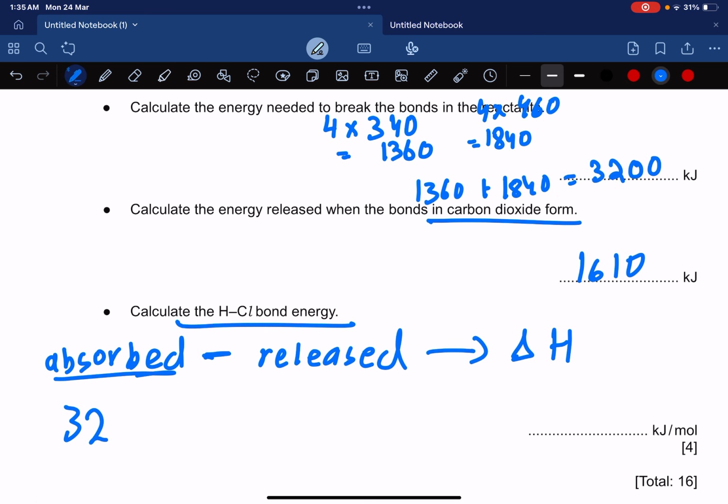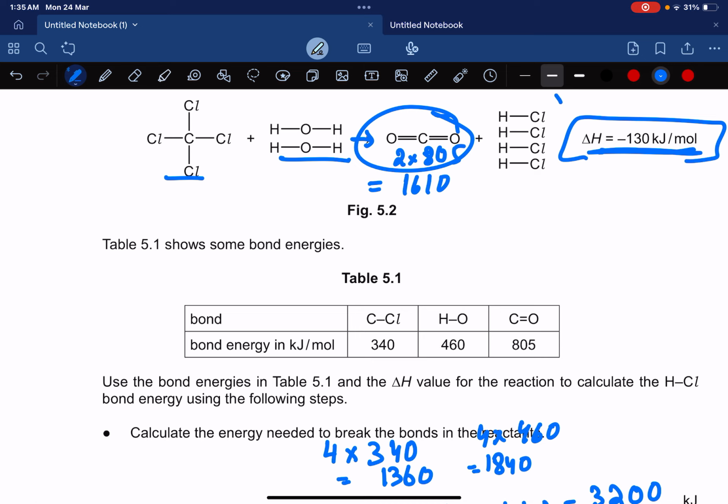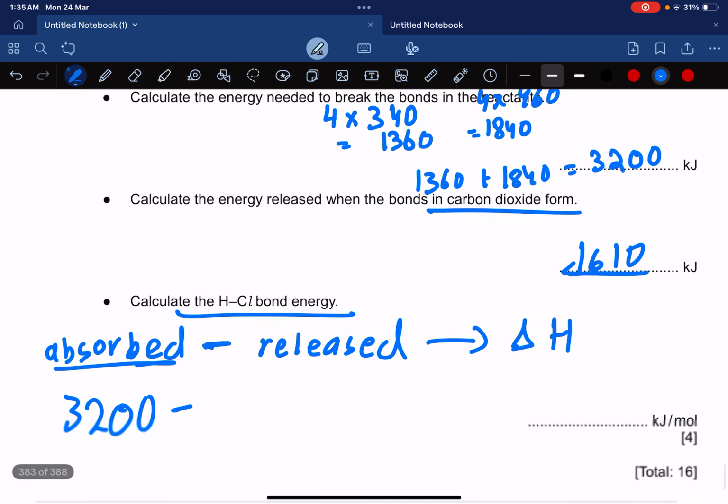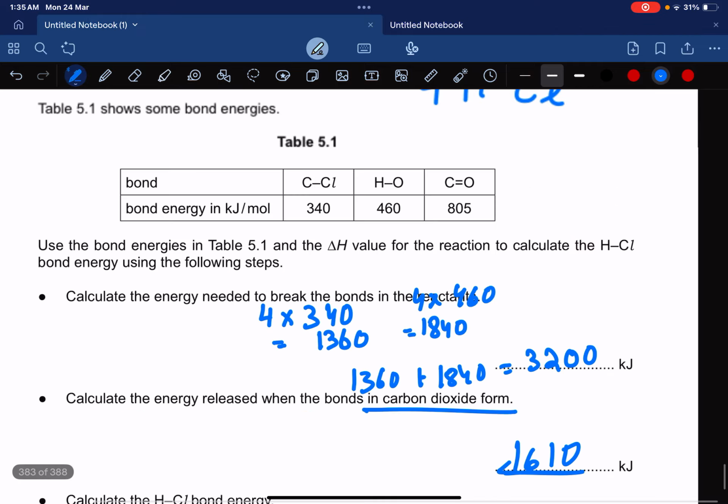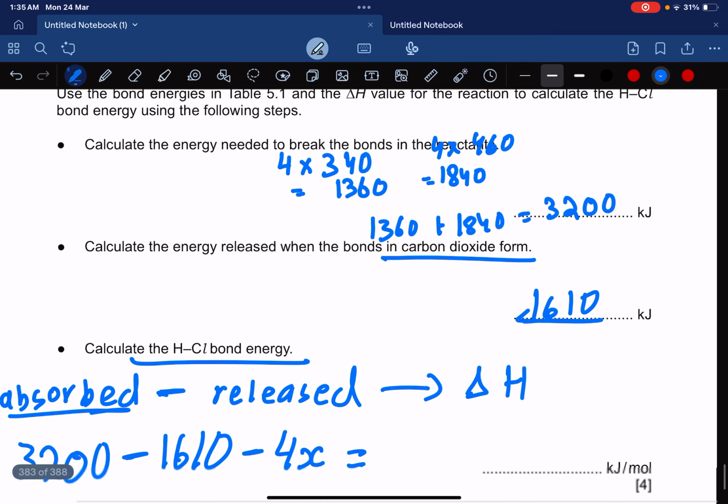So 3200 minus what is released. One is 1610 in the product, and the other is released in the 4 H-Cl bonds. So we write 3200 minus 1610 minus the 4 H-Cl bonds. Let's call the bond energy x because we don't have its value, and this is going to give me a total enthalpy change of -130.